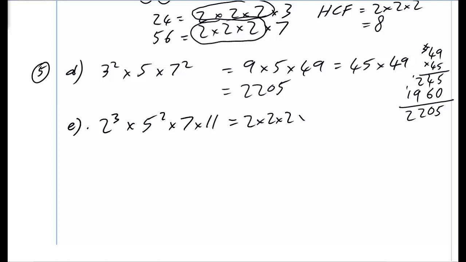So expand it out first before you put it into your calculator. 5 times 5 times 7 times 11. Type all that into your calculator like that and get the answer. Okay, I want you now to have a go at number 5. And then you should be able to work through the rest of the exercise.